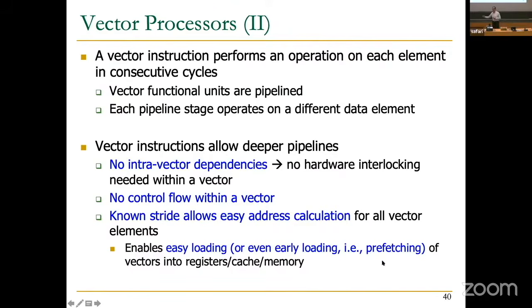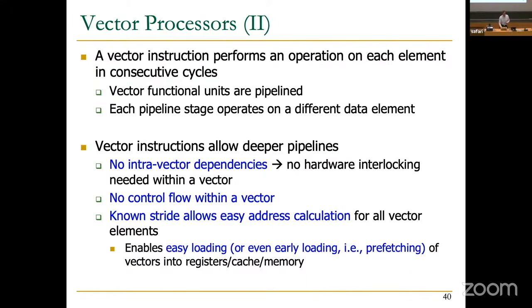We're going to talk about prefetching in one of the later lectures, but this sort of predictable, constant stride helps a lot. The address generation unit essentially has a base address and then you keep adding the stride to it. I'm going to show you an example of that. Everything is clear so far? Now it's beautiful, right?